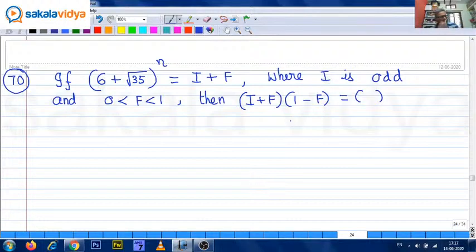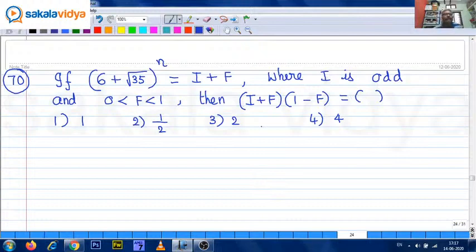Yes, Suma. These problems are actually level 2 and level 3 problems. First option is 1, second option is 1 upon 2, third option is 2, fourth option is 4. This is the question.